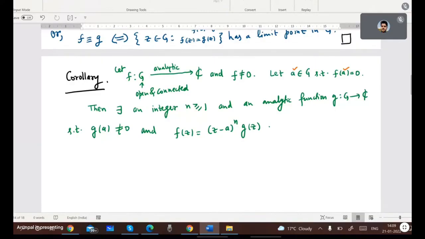It means class that this a can be of multiplicity n at the most. There will exist an integer. Such an integer will exist.